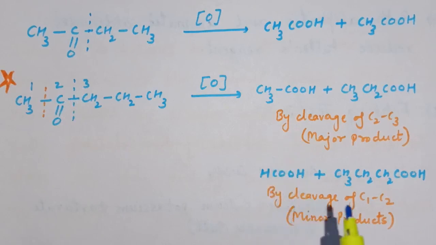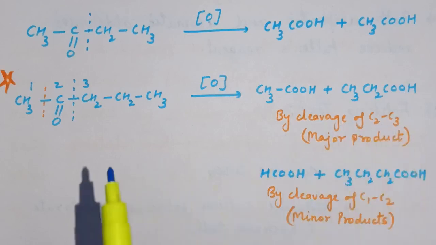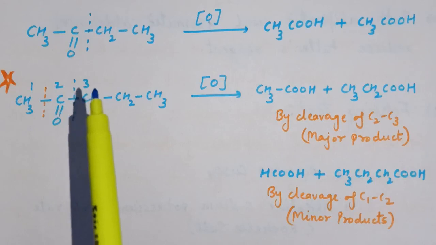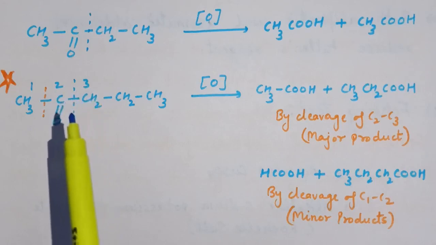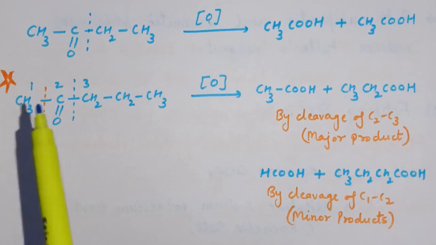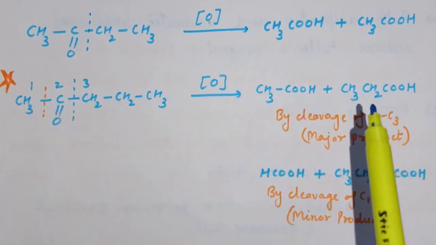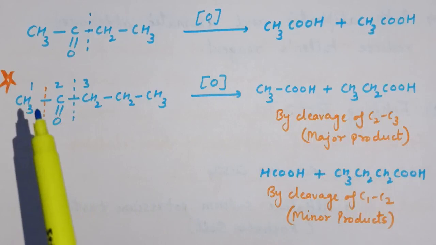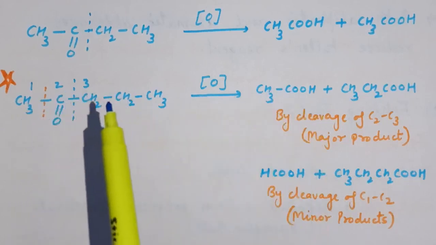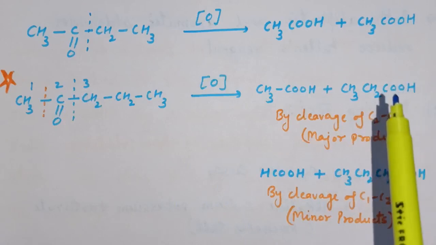We can cleave carbon 1 and carbon 2 as well as carbon 2 and carbon 3, but the major products are formed when the bond between carbon 2 and carbon 3 is cleaved, and this keto group remains with the smaller alkyl group, and here these two acids are formed. First is CH3COOH and CH3CH2COOH. This CH2 converts to carboxylic acid.